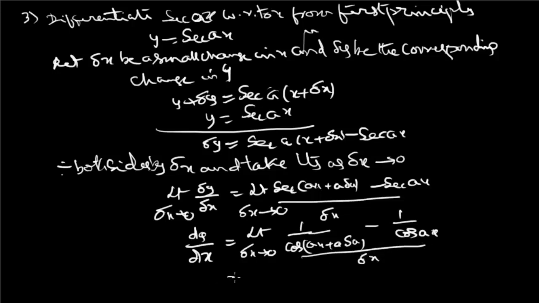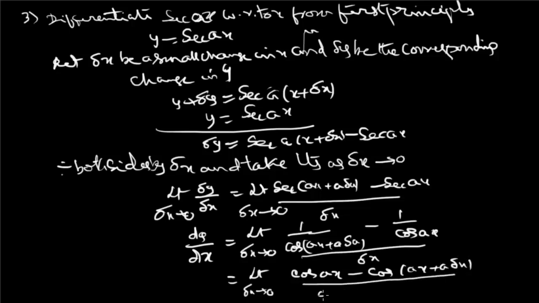Now take the LCM. Limit delta x tending to 0, here cos ax minus cos ax plus a delta x by the LCM, together with delta x.